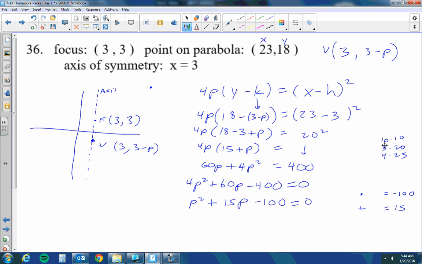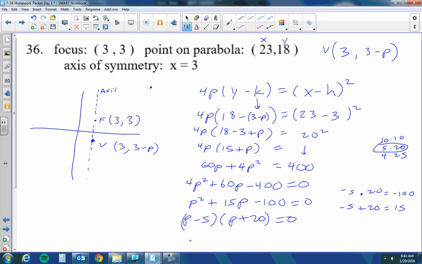Actually, I already skipped over, didn't I? 5 times 20. Those numbers multiply by 100, but they have a difference of 15. So look at that to know the right numbers, but look at this to know the right signs. Which one's negative? The 5. So there you go. P minus 5 is one factor, P plus 20 is the other factor.